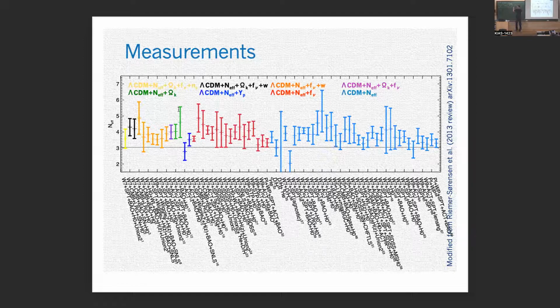Or kind of the latest, which has the smallest error bars, 2112.04510, H0 is 73.04.